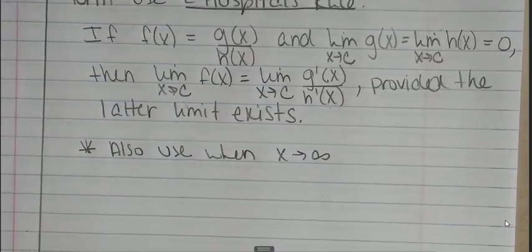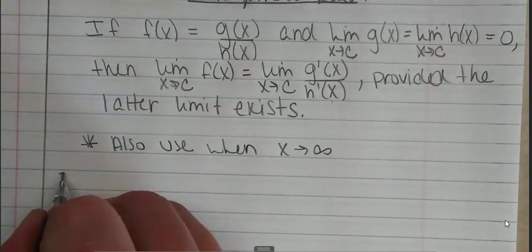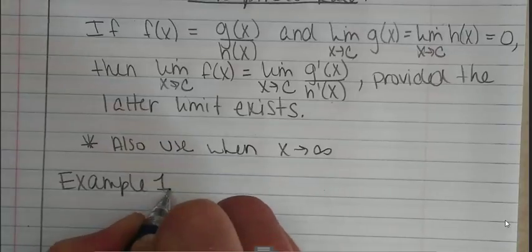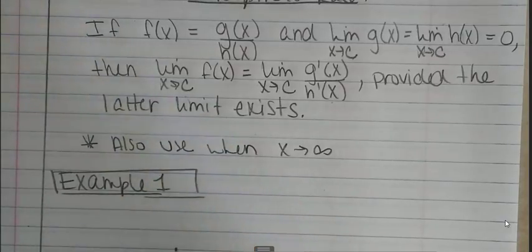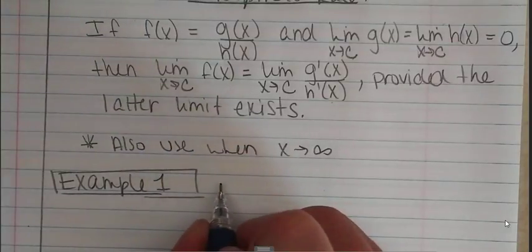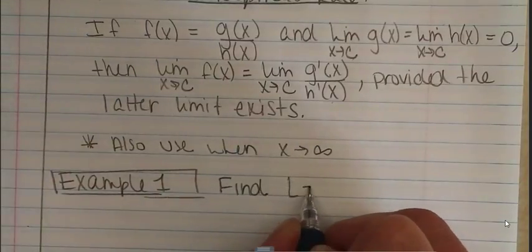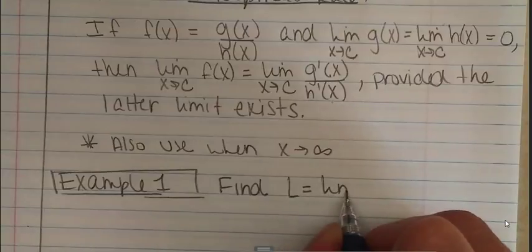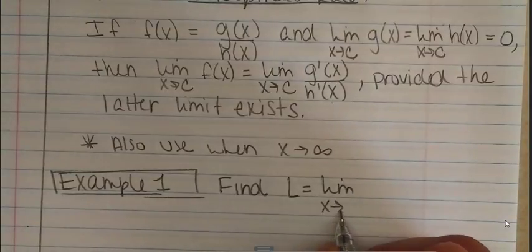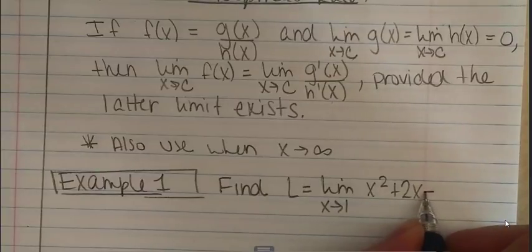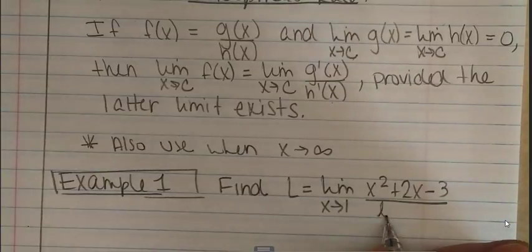So let's do one of these. Okay, we are going to find the limit as x goes to 1 of x squared plus 2x minus 3 all over ln of x.